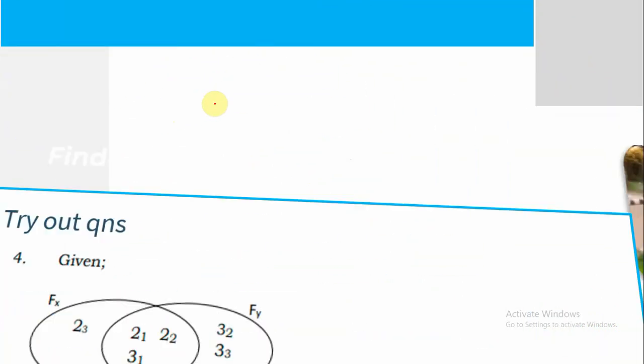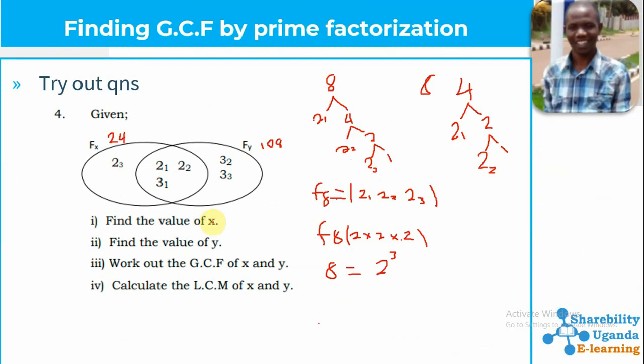We shall have solved our x and we shall have solved our y, then also the greatest common factor of x and y. So to make a recap is to understand how we come up with the prime factors of these numbers. This simply means the way they got these prime factors, which are already filled in our Venn diagram. It may also come and they say you present them on the Venn diagram.